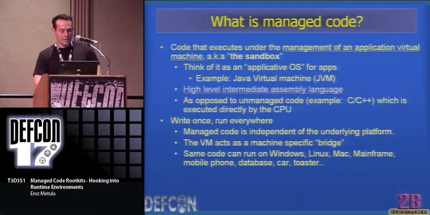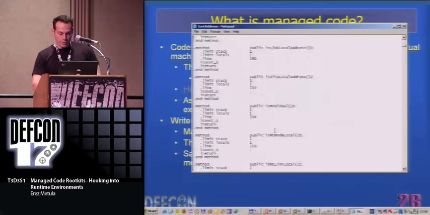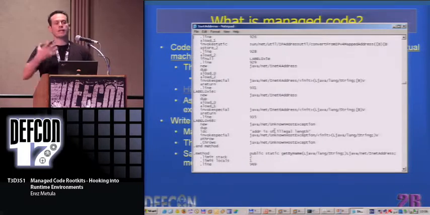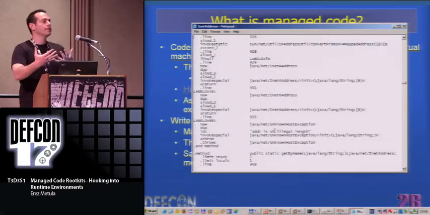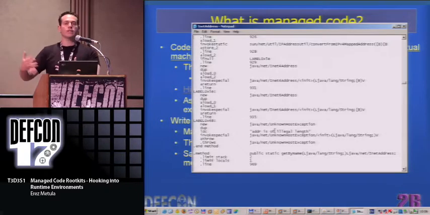For Windows, the virtual machine is in blue, and for the Linux box it is in green. The executable is executed inside the virtual machine that translates the just-in-time code and gives that to the CPU. So basically, the virtual machine acts as a bridge to the CPU.